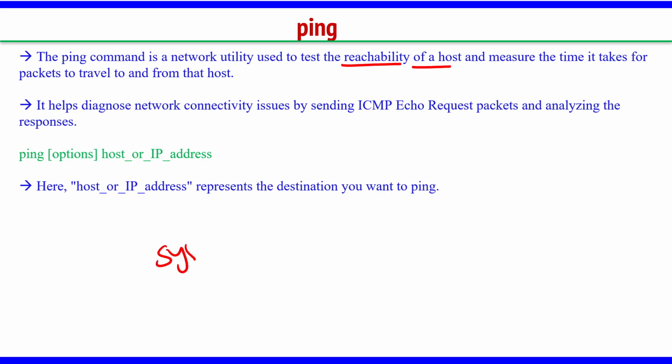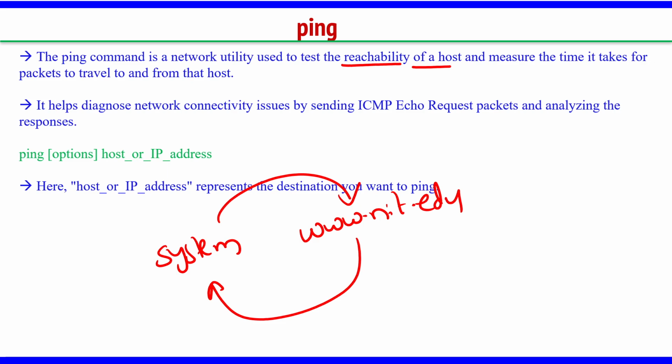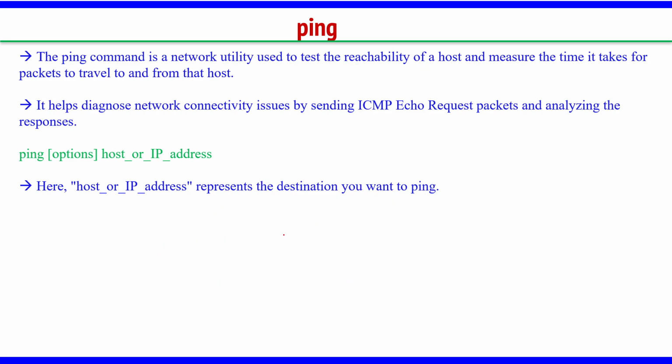So, from my system, if I open a browser and type the website name, whether I am able to reach it or not, and if I am able to reach, how much time it is taking to send data to this website and receive data from it, that can be known using ping. Basically, we use ping to check whether the internet is working in my system or not.